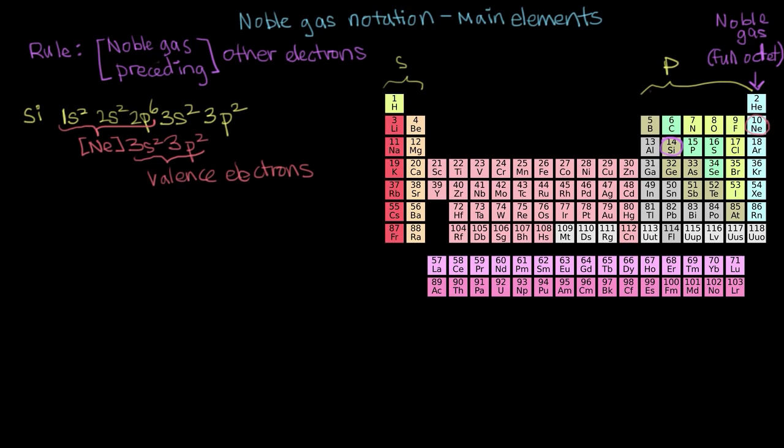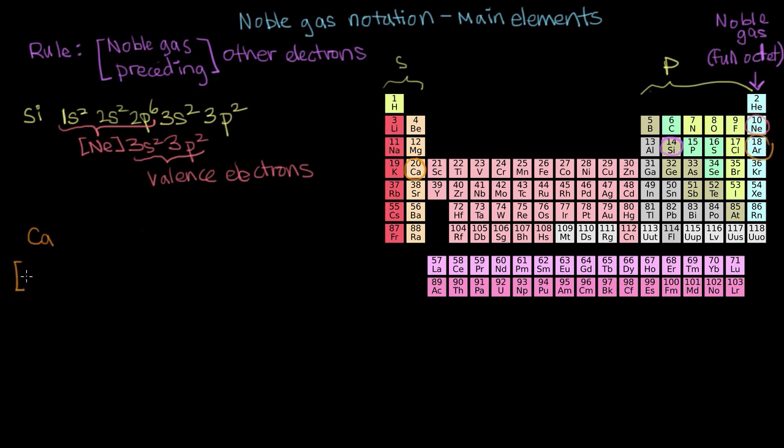We are going to go through one more example, and that will be calcium. Calcium is over here, and we're not going to write the full electron configuration this time. We're just going to write the noble gas notation. For calcium, the noble gas immediately preceding it, we go up a row and then over, is argon.